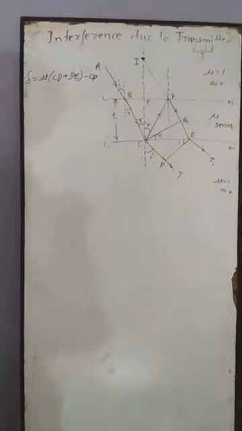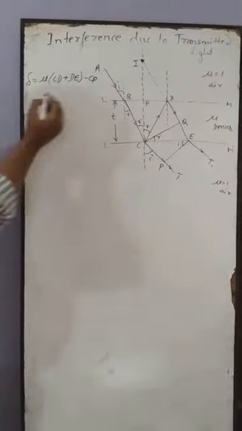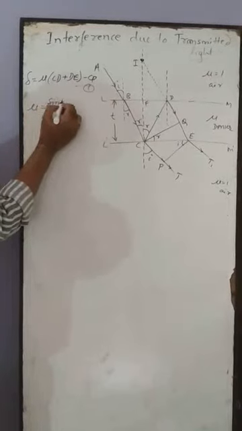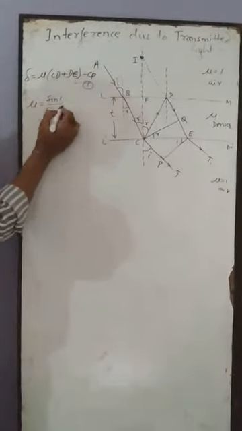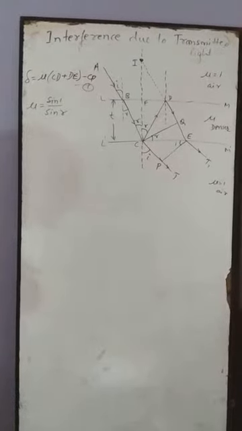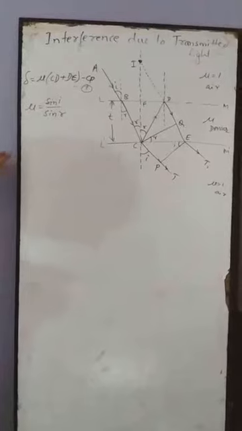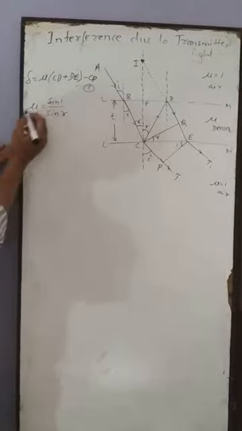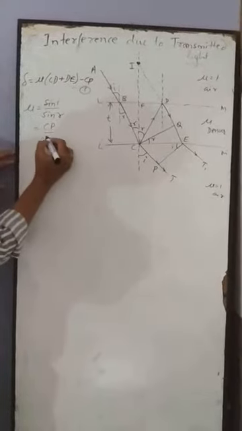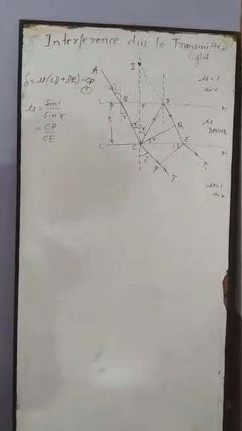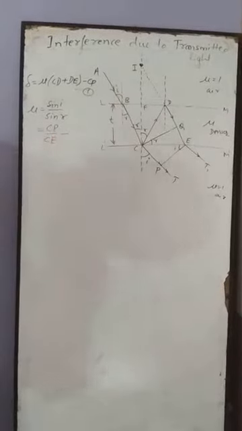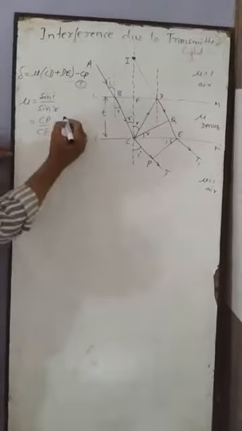Now from Snell's law, this is called equation number 1. From Snell's law, mu is equal to sin i divided by sin r. From the figure, sin i is CP by CE, and sin r is QE divided by CE.